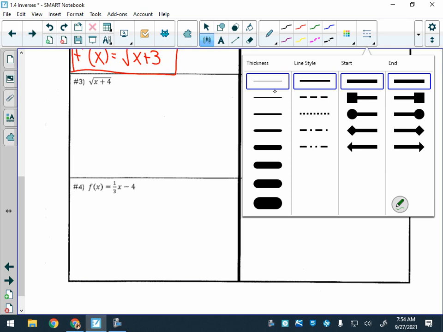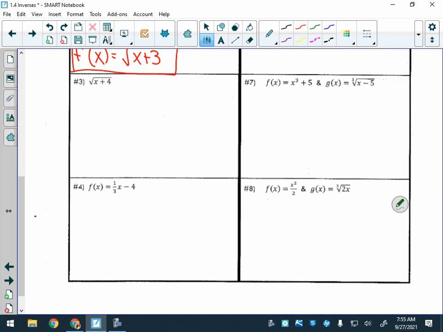What's our inverse? Tyler, what's our first step?